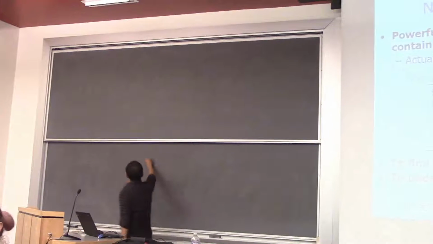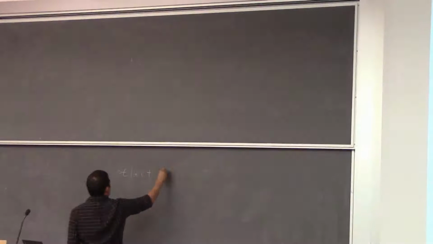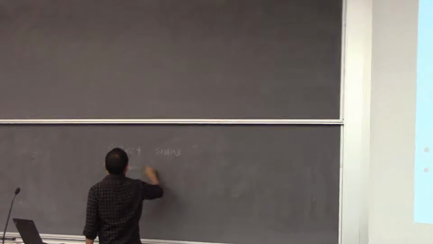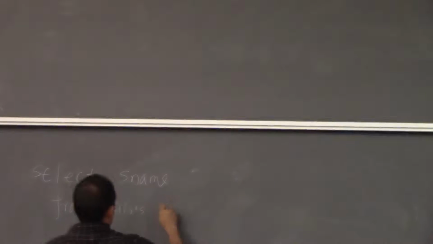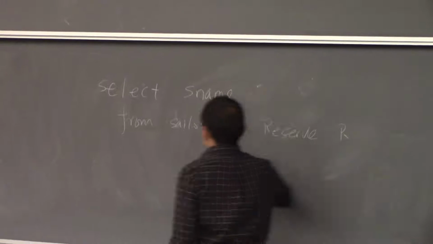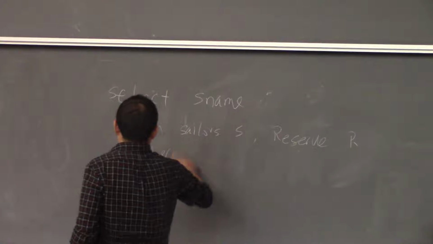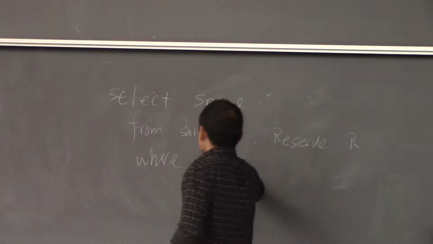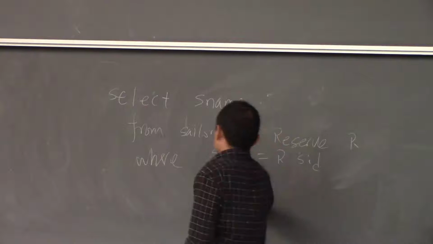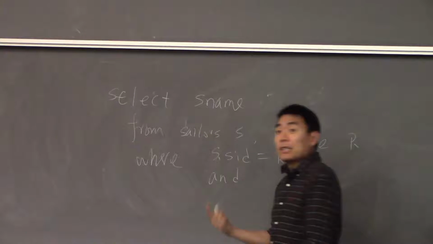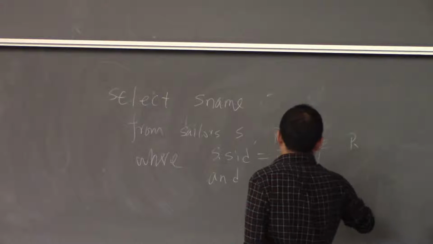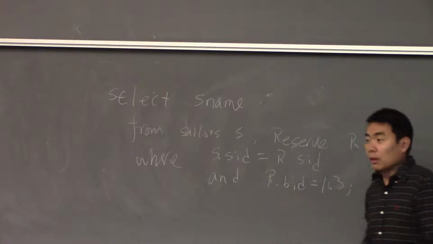Well, you join the sailor table with the reserve table and make sure the reservation is made on both 1 and 3. Okay, so that will solve your problem.